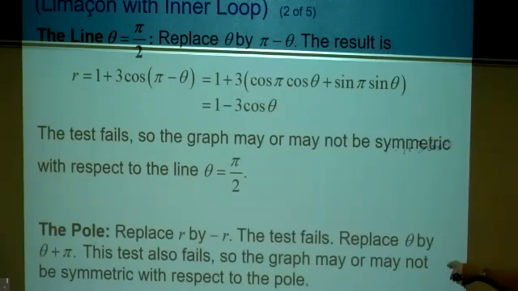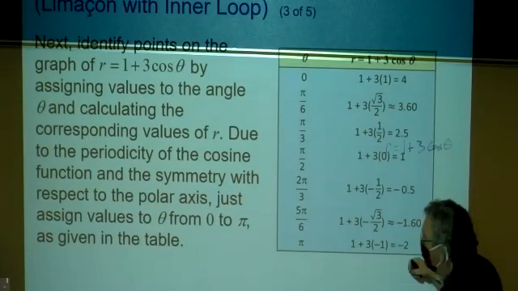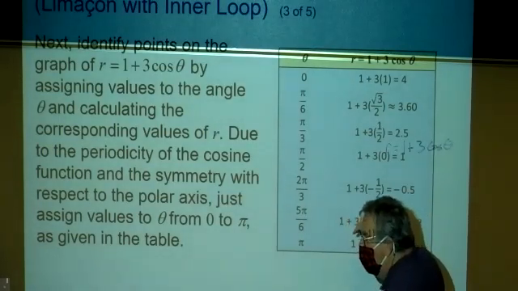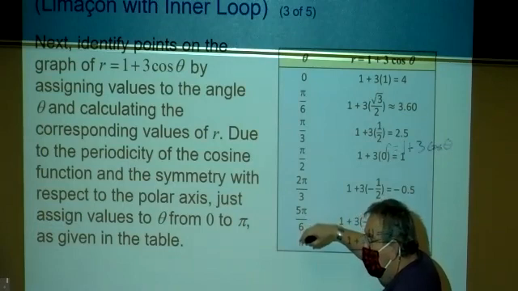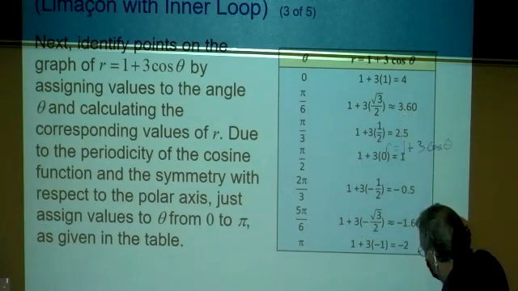And then they don't go through the process of doing this last check, but it does have the same outcomes as checking for being symmetric with respect to the vertical line, theta equals pi over 2. And just like with the previous problem, we're dealing with from 0 to pi, and so we find these values going along the way.